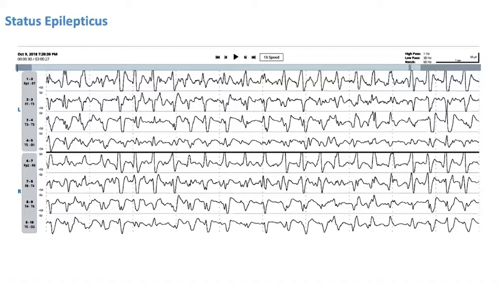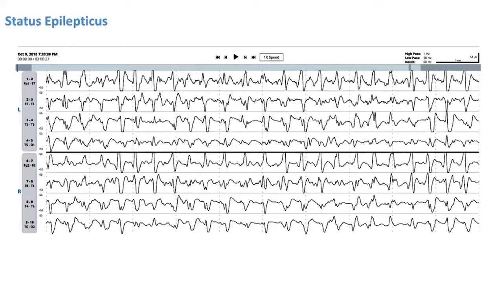And part of the answer to your question is we've discovered over the past decade or so that the frequency of these discharges matters: when they're faster than 2 hertz, particularly if they're faster than 2.5 hertz, they're likely to respond to treatment with recovery of the patient. But when they occur more slowly, maybe 1 per second, they're more likely to be related to more of a structural change that will not respond to treatment overall.